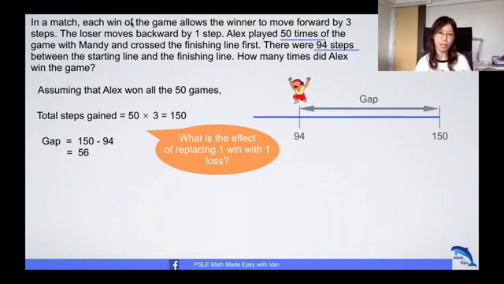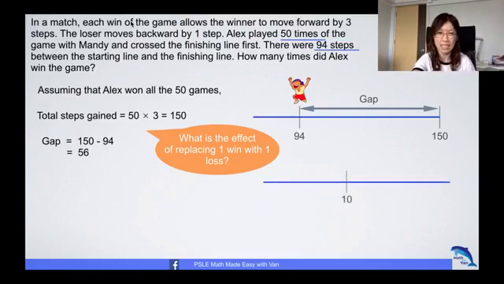Now I will replace it with the word effect. And when you do that, you're actually seeing things that cause an effect. In fact, this is training you to consider all options. So moving forward, what is the effect of replacing 1 win with 1 loss? Let's pause here and hypothetically say that Alex had completed 10 steps.